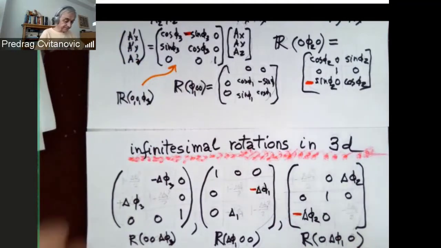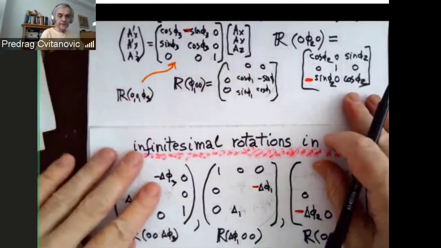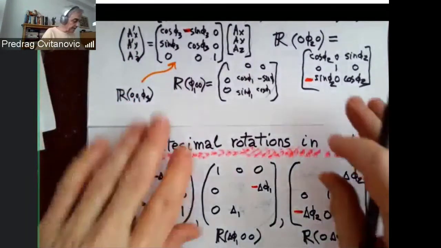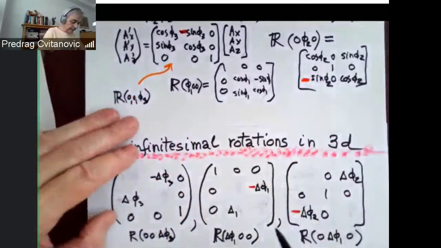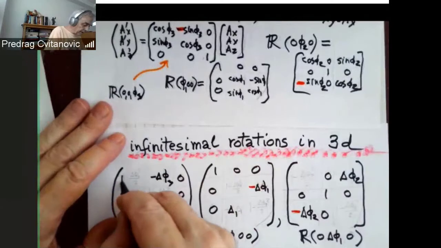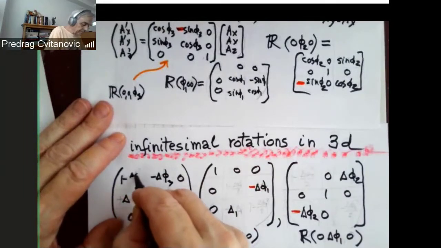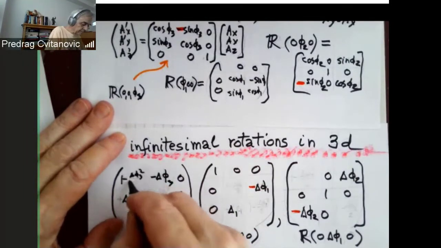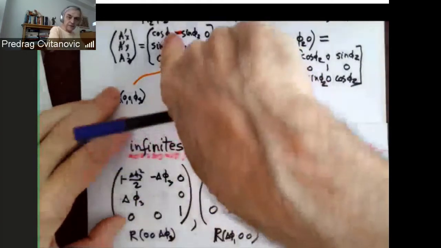And now, usually we stop at the linear term in this expansion, but cosine should contribute something, and that happens only in the second order when I expand this cosine.